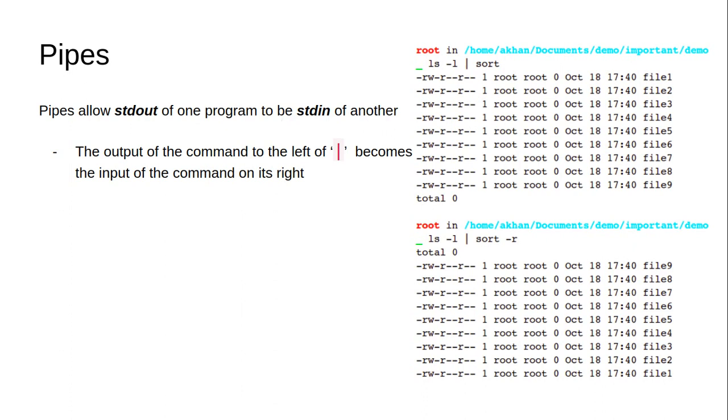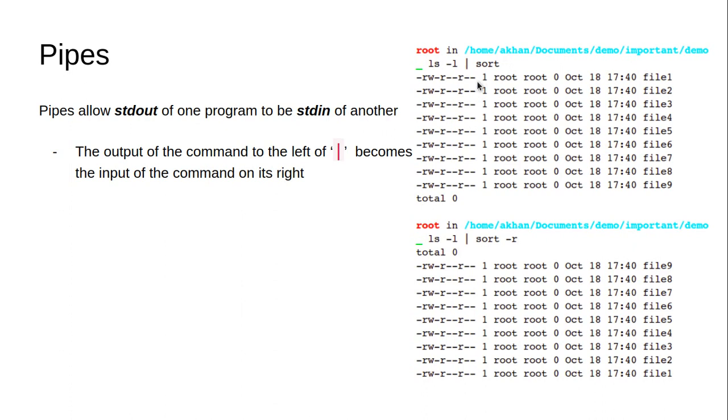So what this means is that the output of one particular command can be provided as an input to another command. Here, I am doing a long listing of the files, and I am providing the output of the long listing to the sort command.